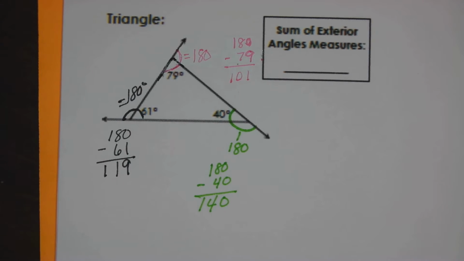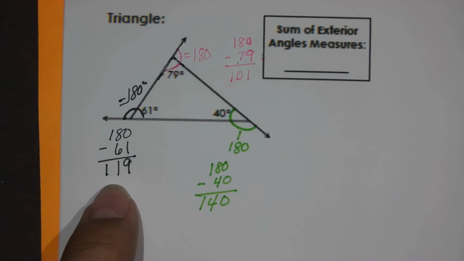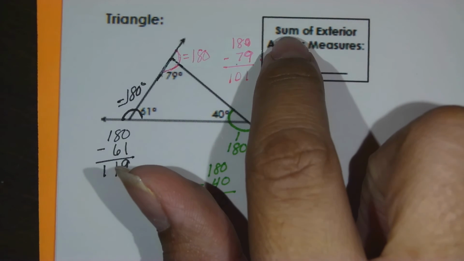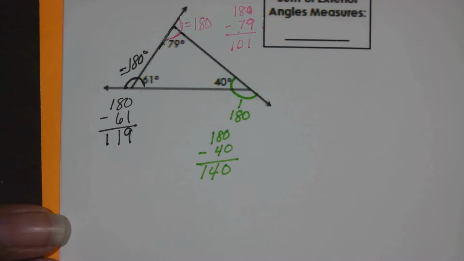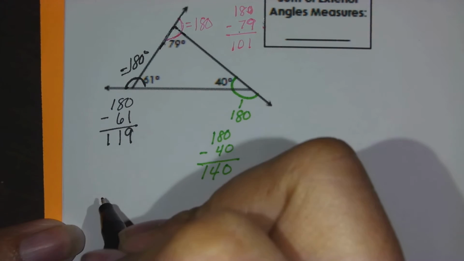So now we have all three exterior angles from this triangle. One is 101 degrees, the other one is 140, and the other one is 119. Now we need to find the sum of the exterior angles. Again, sum means to add. So we're going to add all three of the exterior angles. Remember, exterior means outside.